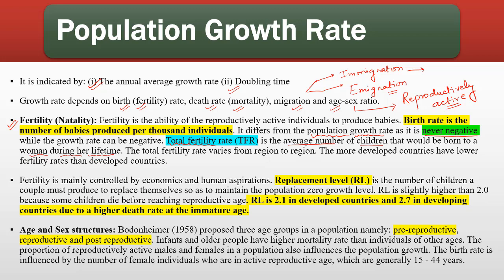In that group of individuals it is actually a major problem that they don't know, or are least interested in knowing, how they can make themselves reproductively healthy. They have only one motto in life: to have the maximum number of individuals in the family so that they can support survival. So the total fertility rate varies from region to region.